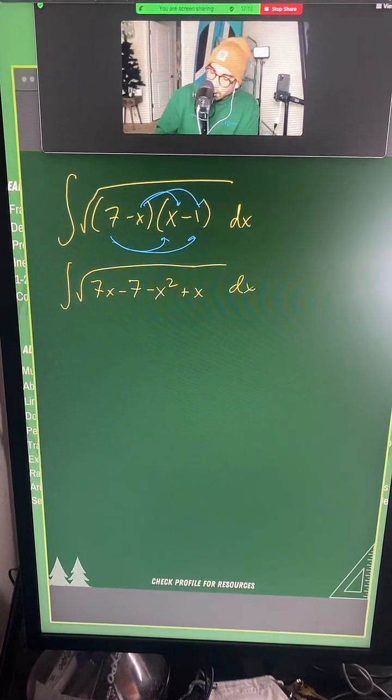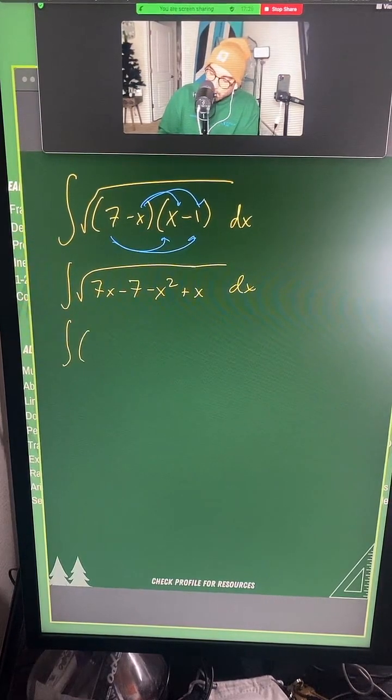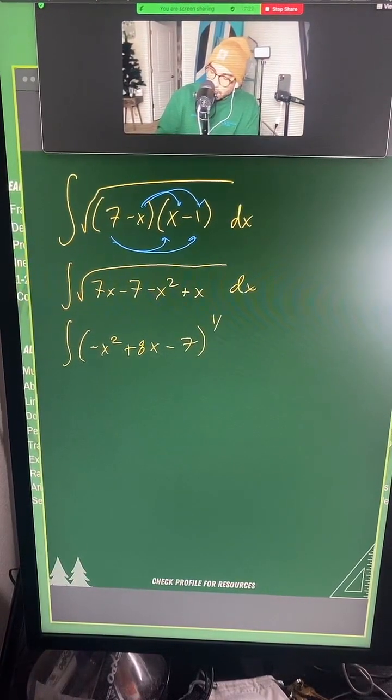Okay, so Tommy said go ahead and write this to the power of 1/2. I'm going to do that soon. Actually, let's do that in this next step. All right, so now I have negative x squared plus 8x minus 7 to the power of 1/2.